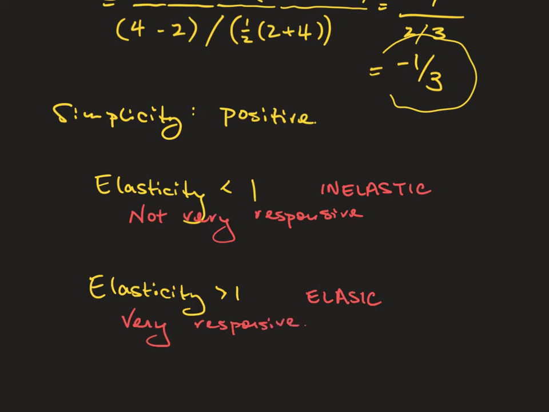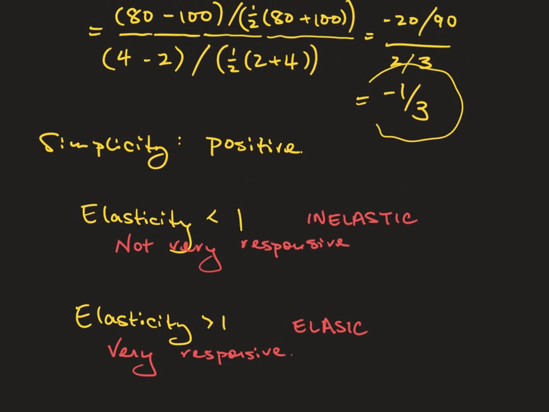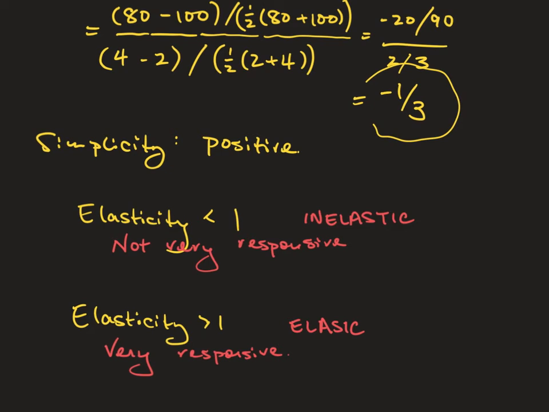Going back to this example, the price doubled, right? But demand went from 100 to 80. So it's a big change in price, but it results in a proportionally fairly small change in quantity demanded.